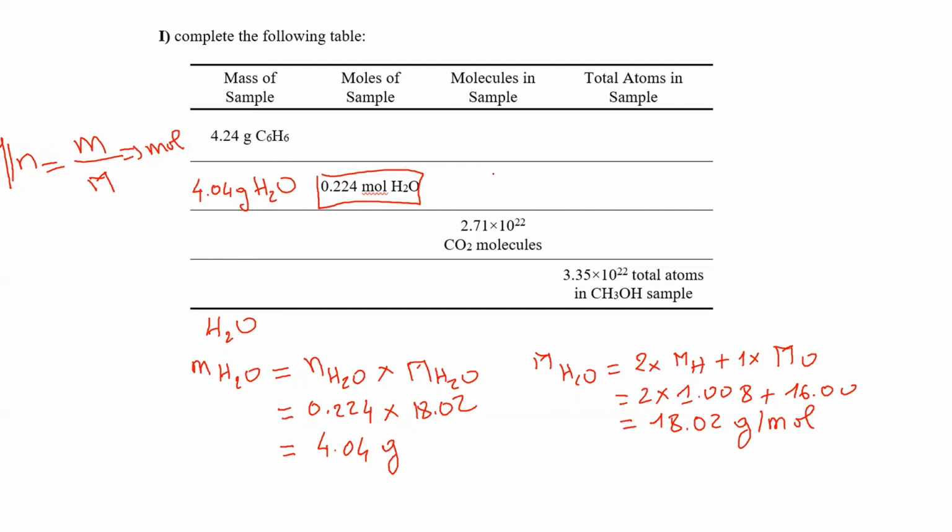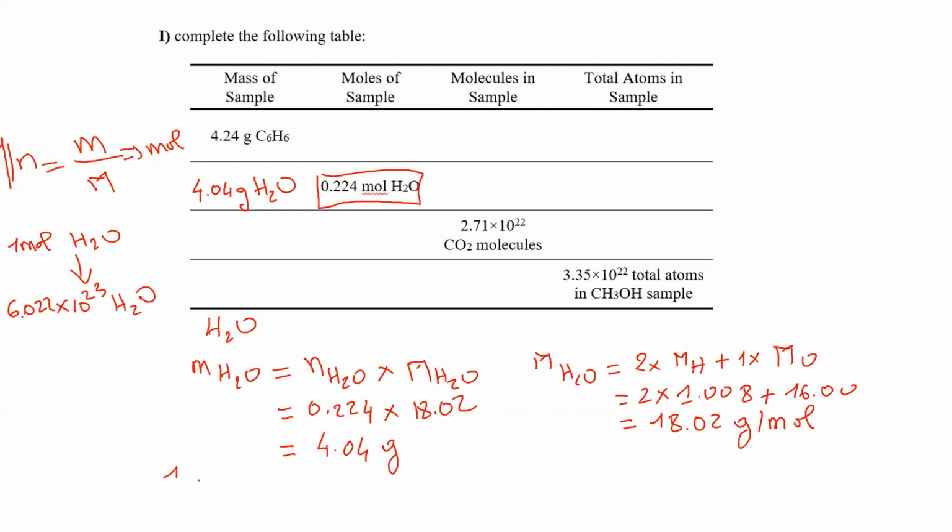So similarly to the previous exercise, we know that 1 mole of water will give 6.022 10 to the power 23 water molecules. Here we have the number of mole 0.224.